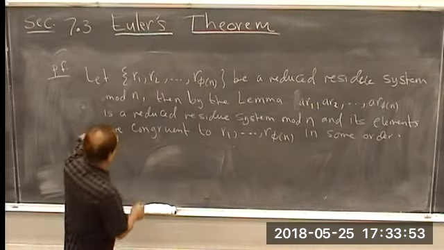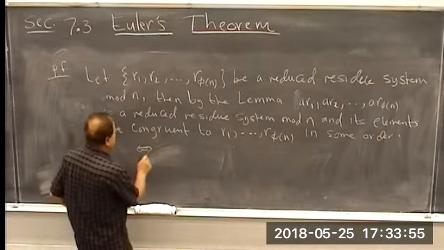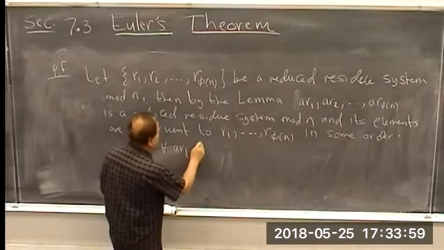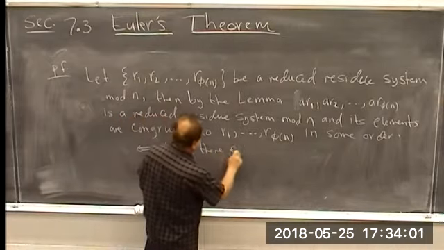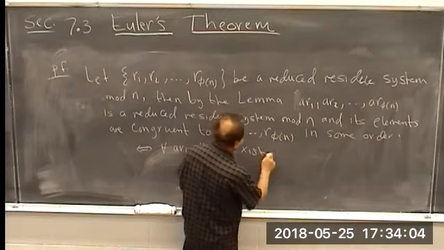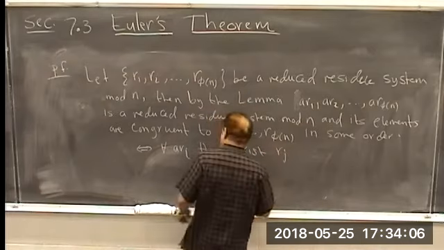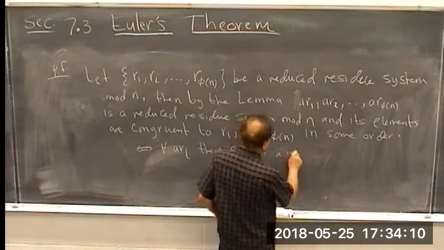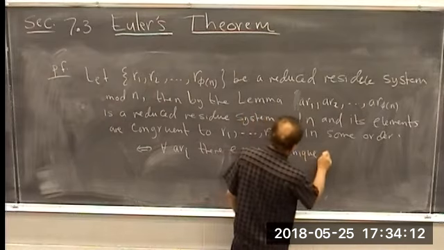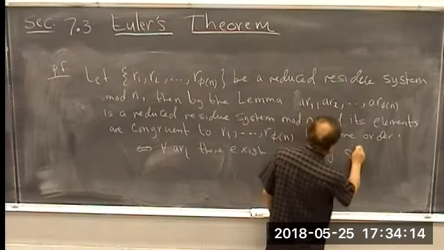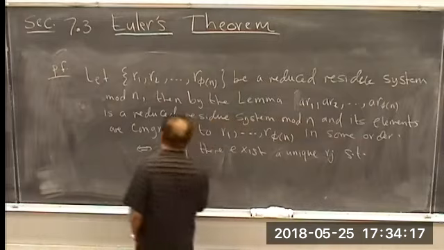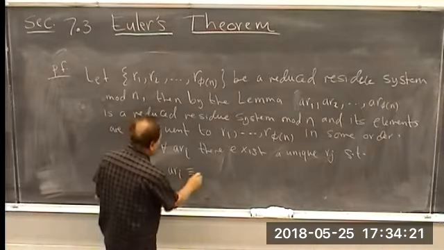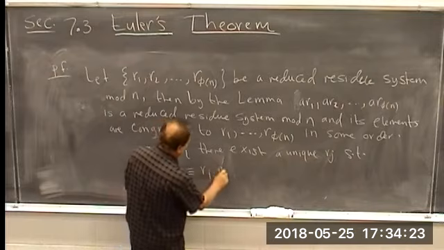It is important to say that for every A R I, there exists a unique R J such that A R I is congruent to R sub J mod n.